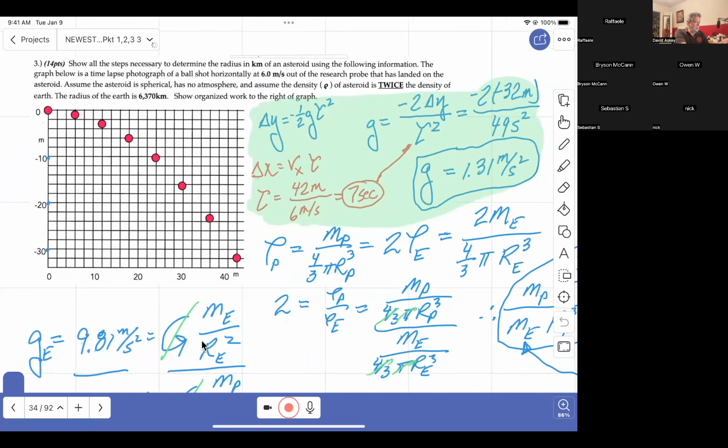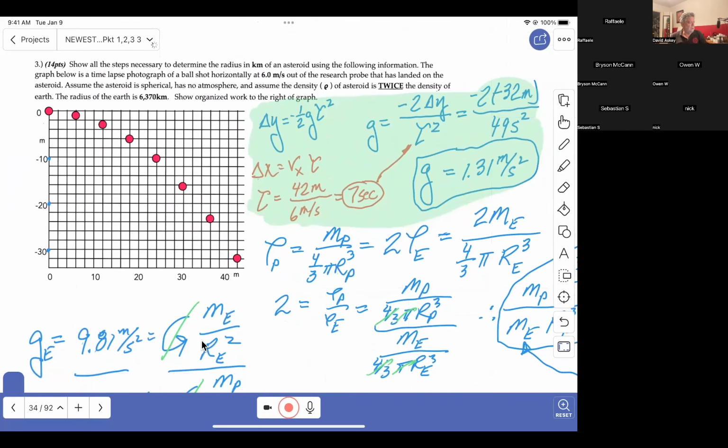So this is a different kind of graph than we've been used to. It's not a kinematic graph. It doesn't involve time. It is kinematics, but it's two-dimensional kinematics, and you interpret the time by the time interval. Like in this case, I think it says, what is it here?